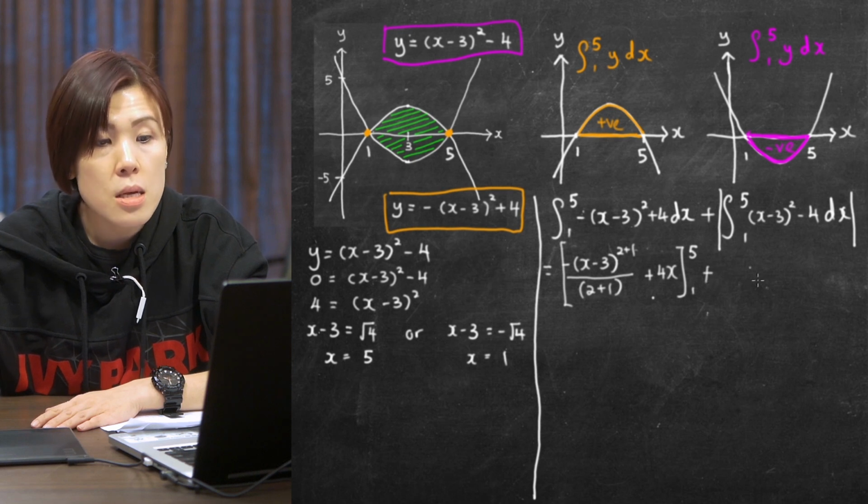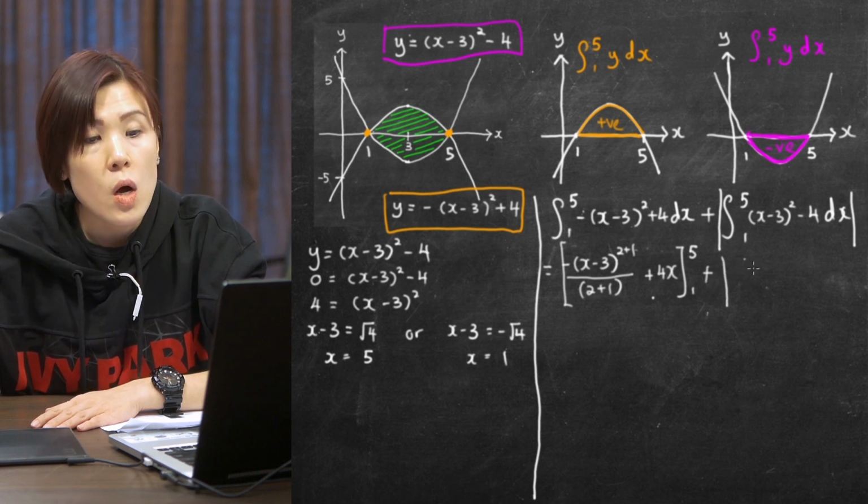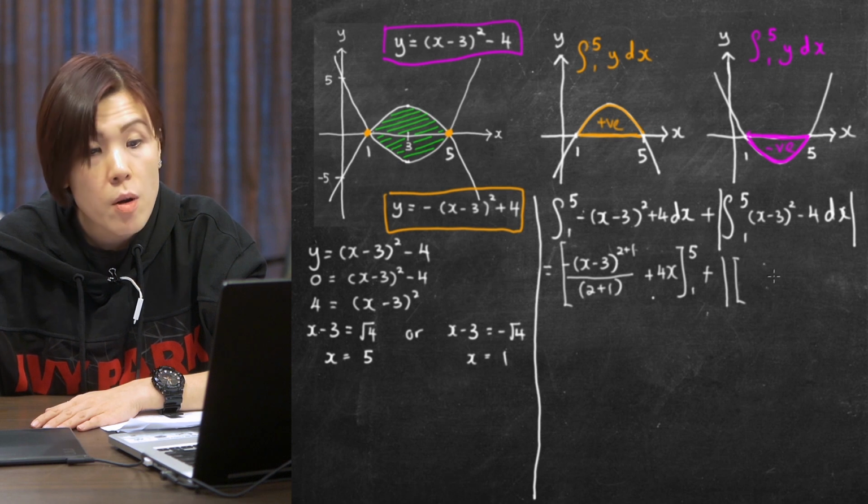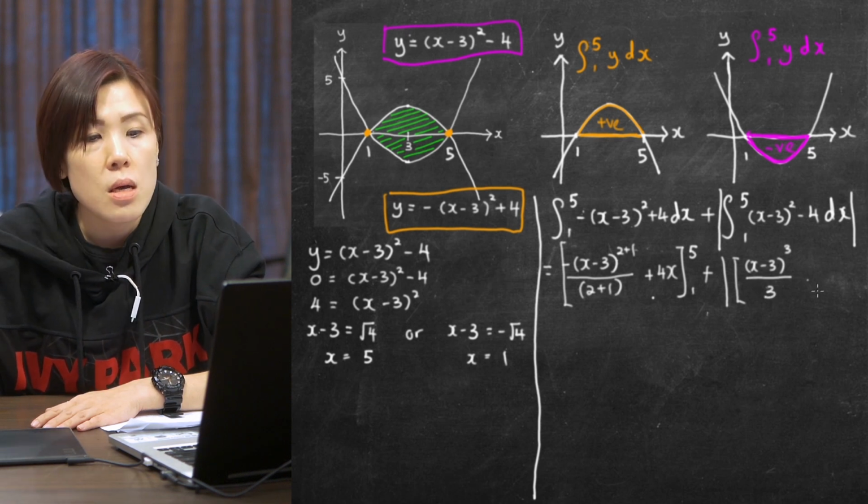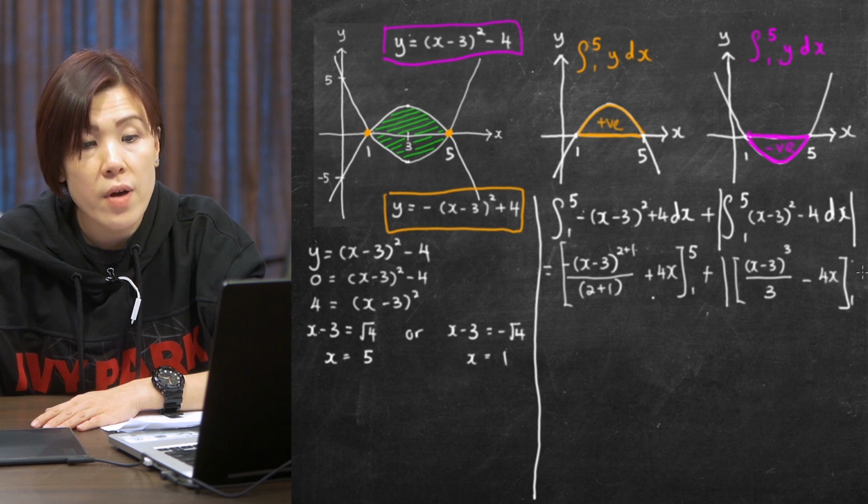And then plus modulus. For this integration, we use the same formula, power increased by 1. So we just put 3 over the new power, and differentiating the inside gives 1, and integrating 4 gives 4x. And we need to put 1 and 5.